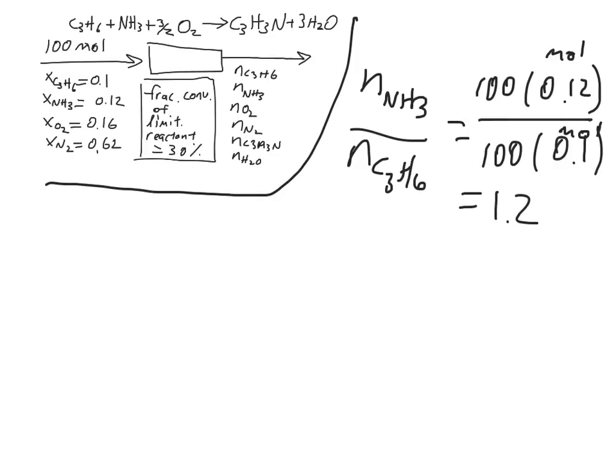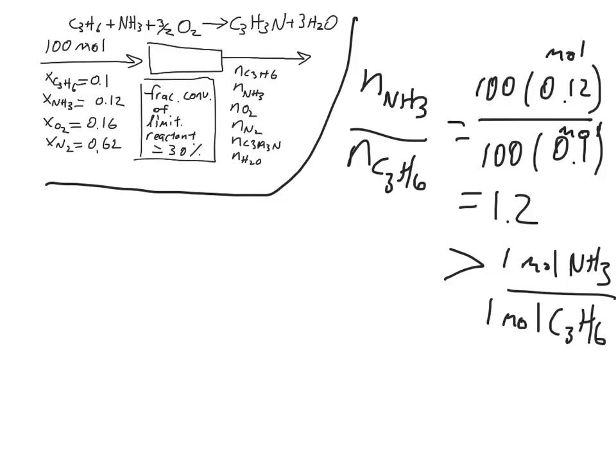So this is equal to 1.2. Well, this 1.2 is greater than the stoichiometric ratio, which is 1 mole of NH3 to 1 mole of C3H6. I got the stoichiometric ratio from the coefficients in front of the reaction.